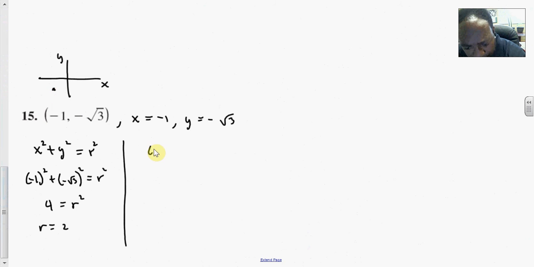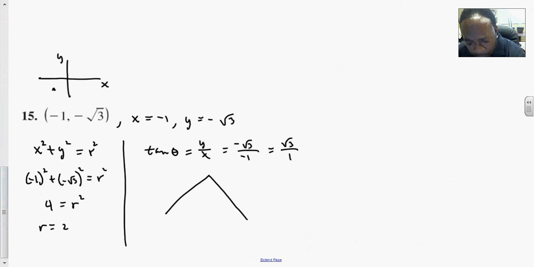Well, let's use the tangent of theta to see if we can get the angle. So this is negative the square root of 3 over negative 1. I'm going to write this as the square root of 3 all over 1. Now, to see that, when I was in school, I was given the equilateral triangle where all sides are equal.